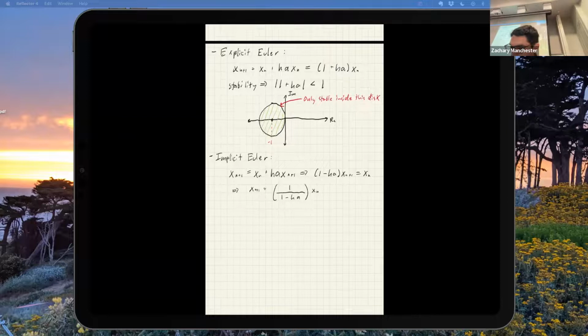And then if I think about what this means for stability, again, this guy has to be modulus less than 1, right? And we can write that another way as 1 minus HA has to be greater than 1, right? Okay, what does that look like in the complex plane?